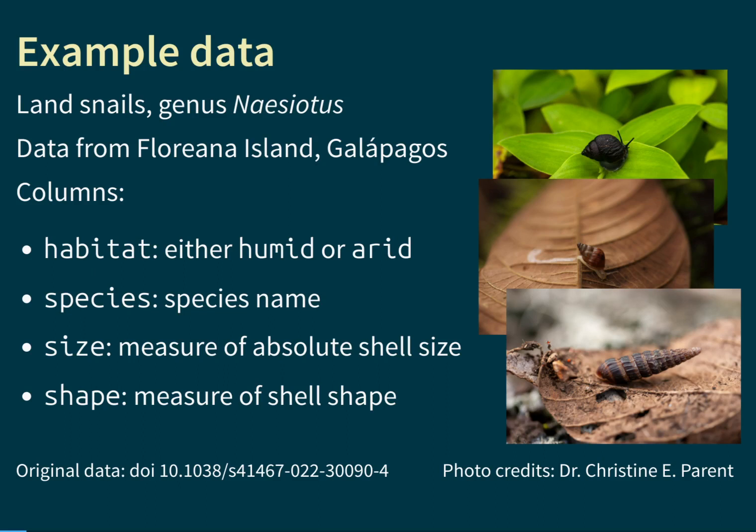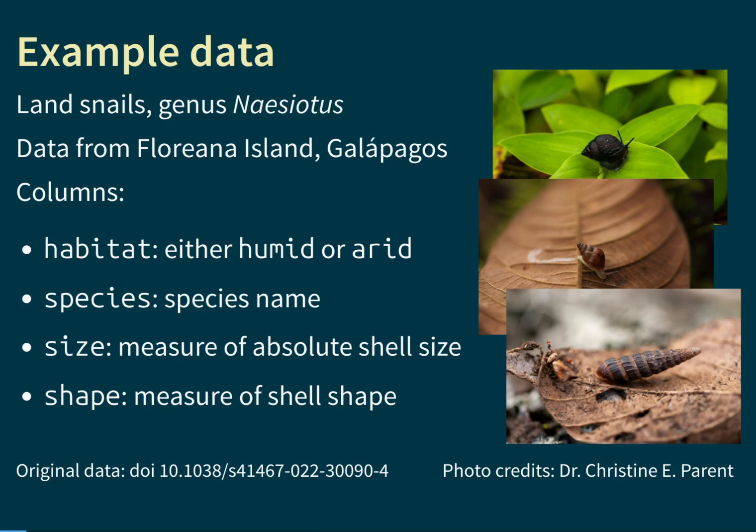Finally, the fourth column is a measure of the shape of the shell of each specimen. Again, don't worry about the units. It's just that if these shape values are small, and by that we mean negative, then the shells are more round and bulky, whereas if these values are larger, that is positive, then the shells are more slender and long, like you can see in the pictures.